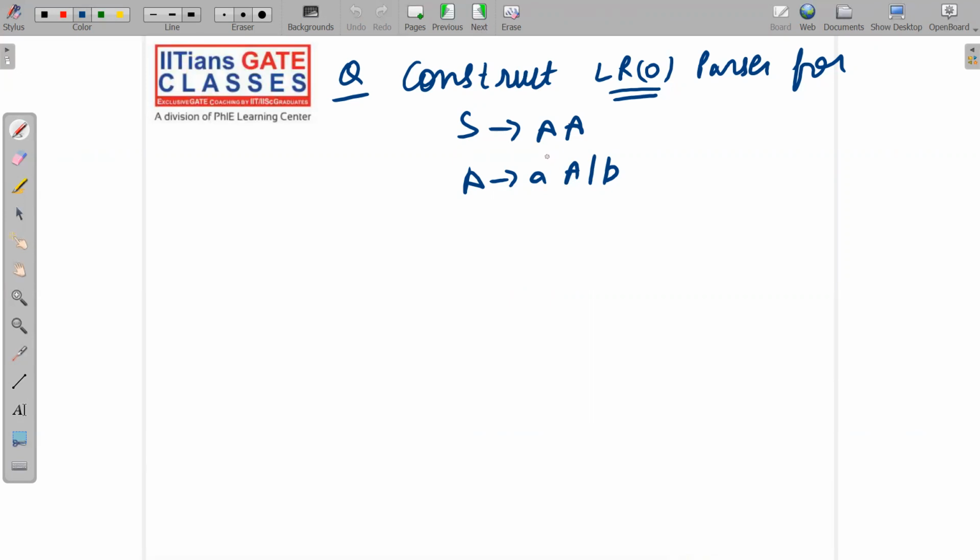Actually I think almost 1 hour is over, so we should study this in the next class. In the next class we will make a proper flow of this question, and I will try to construct this entire parser in one class. The question is very big.